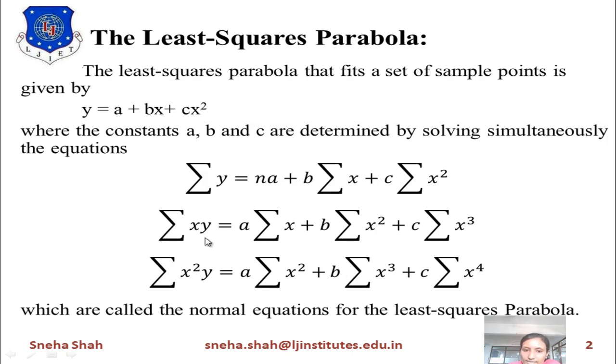So for finding this equation, first of all we have to find out x square, x cube, x raised to 4, xy and x square y. Then we will take the summation of all these terms.